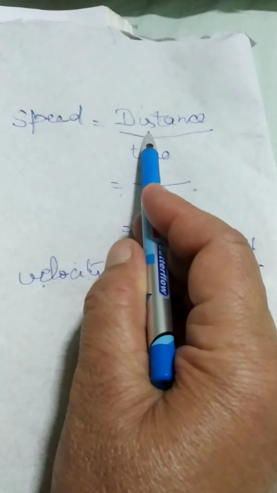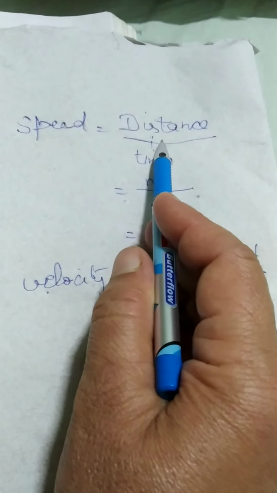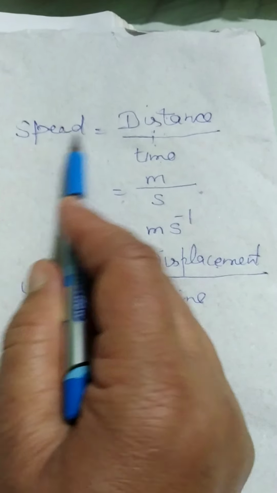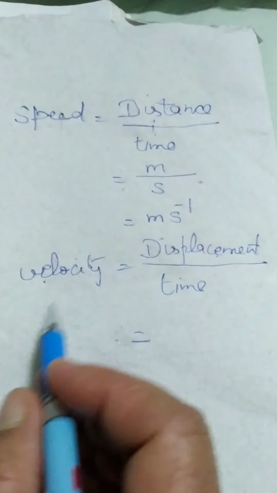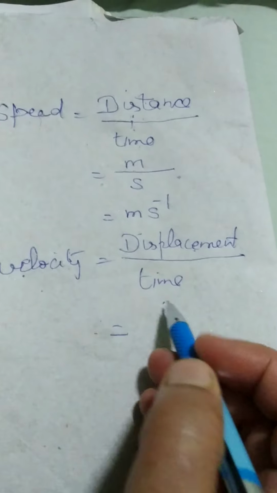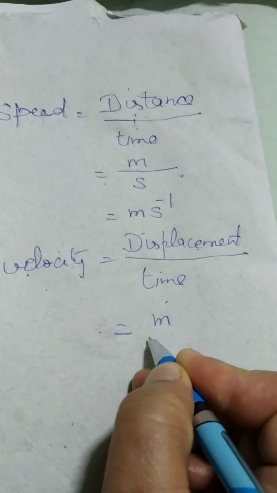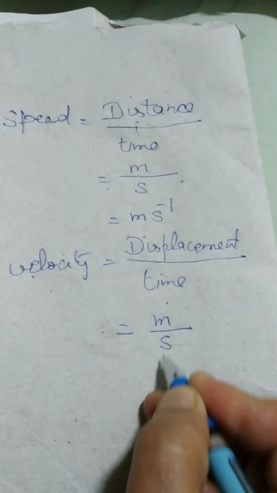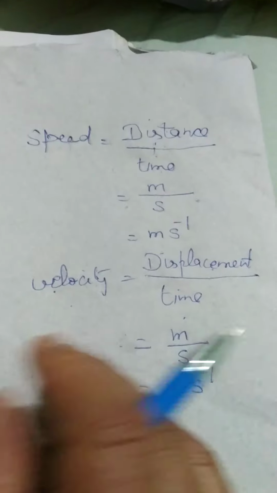Distance does not depend upon direction. It depends only on the path traveled. Speed does not depend upon the direction. Now velocity is displacement upon time. Displacement is measured in meters, time in seconds. Then again the unit for velocity is meter per second.